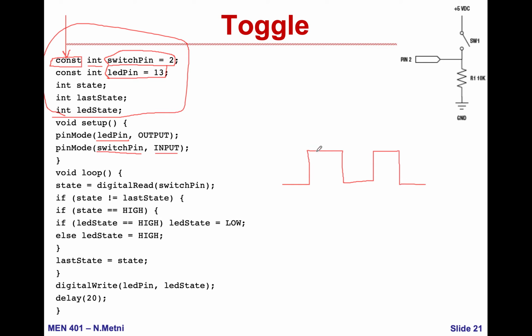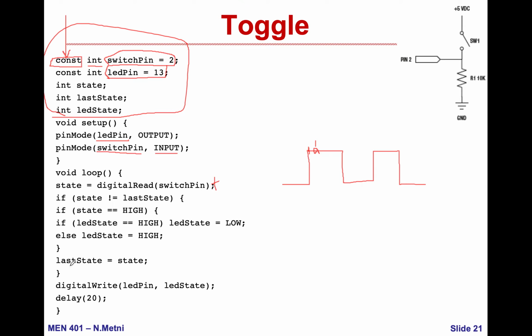This is point 1, where I have read my pin. If the last time I read the pin was here, so my state is equal to the last state, nothing will happen.